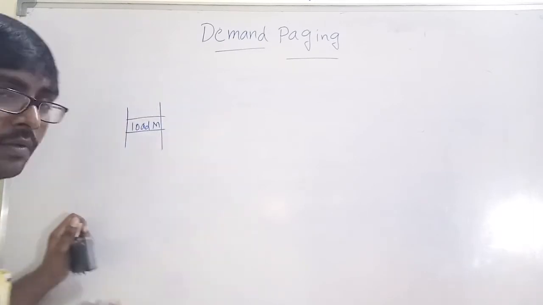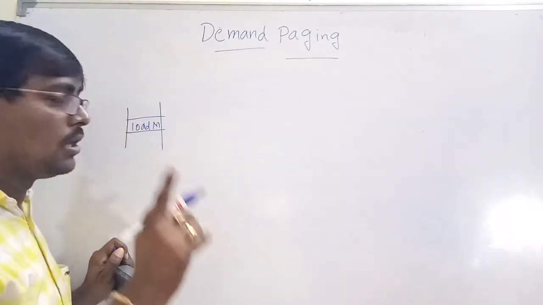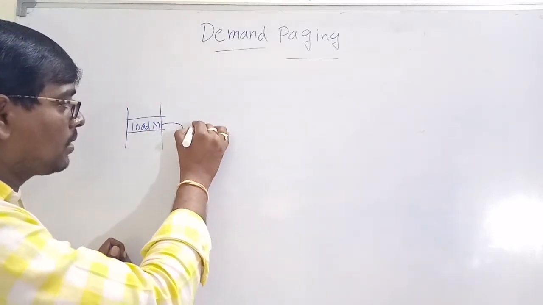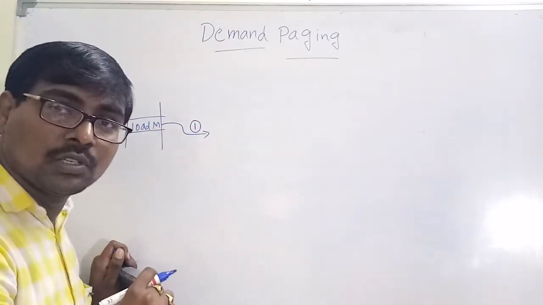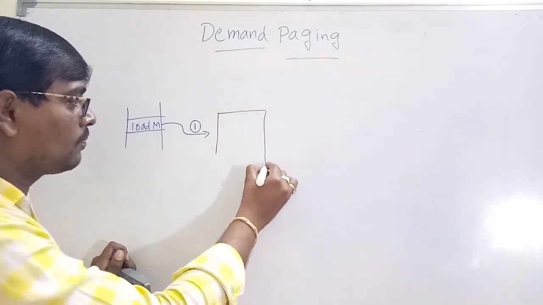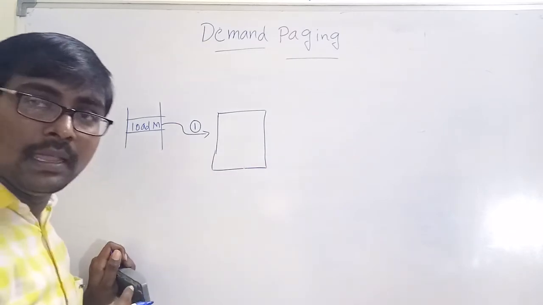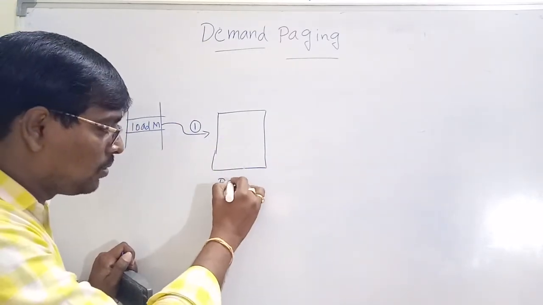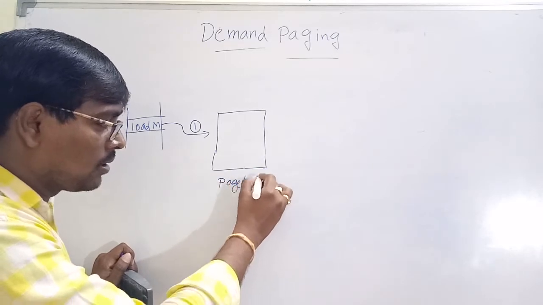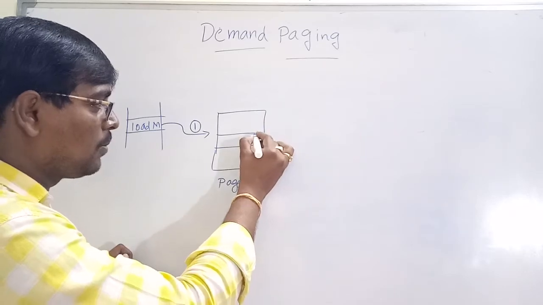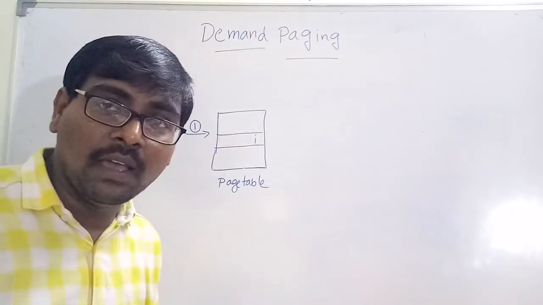Suppose for a particular process, what is the first step? The first step is to make a reference to the page table. We refer to this page table. In this page table, suppose I means invalid.